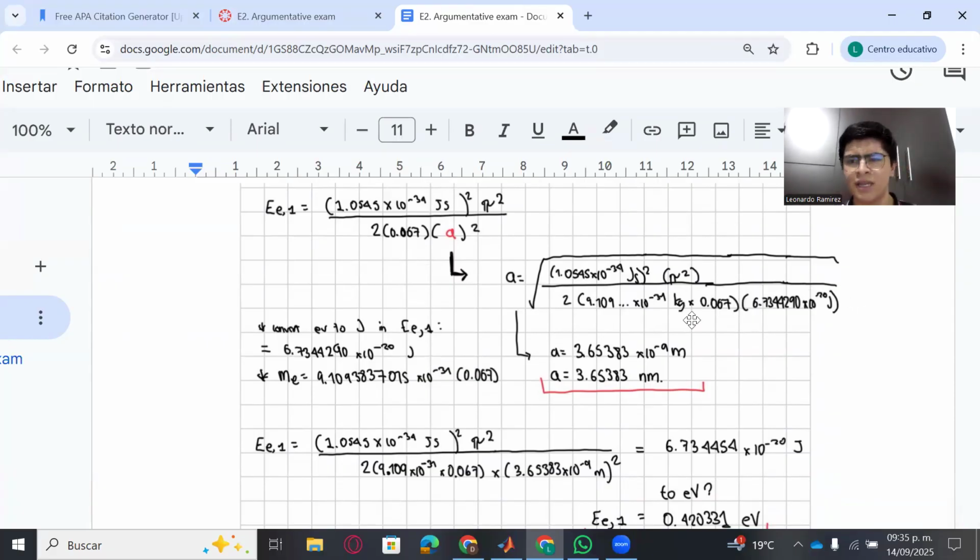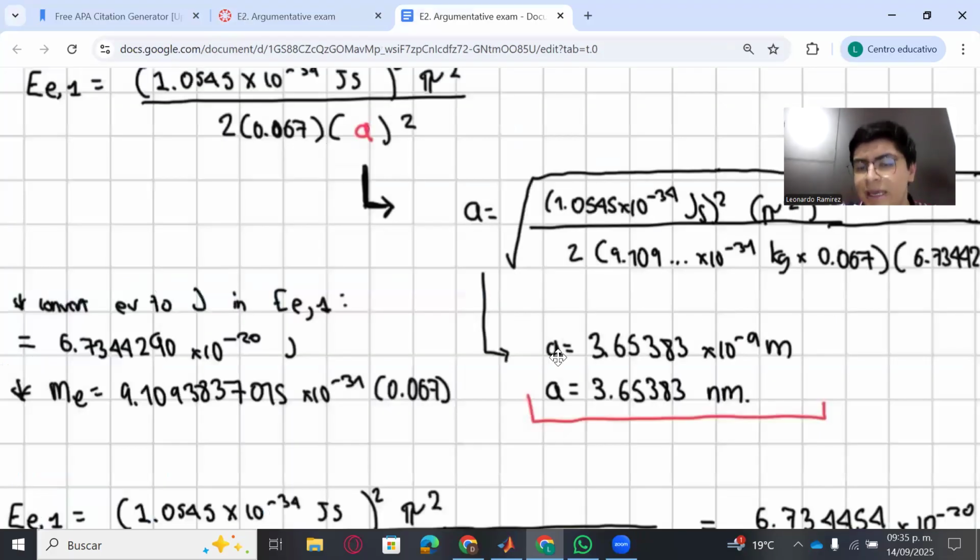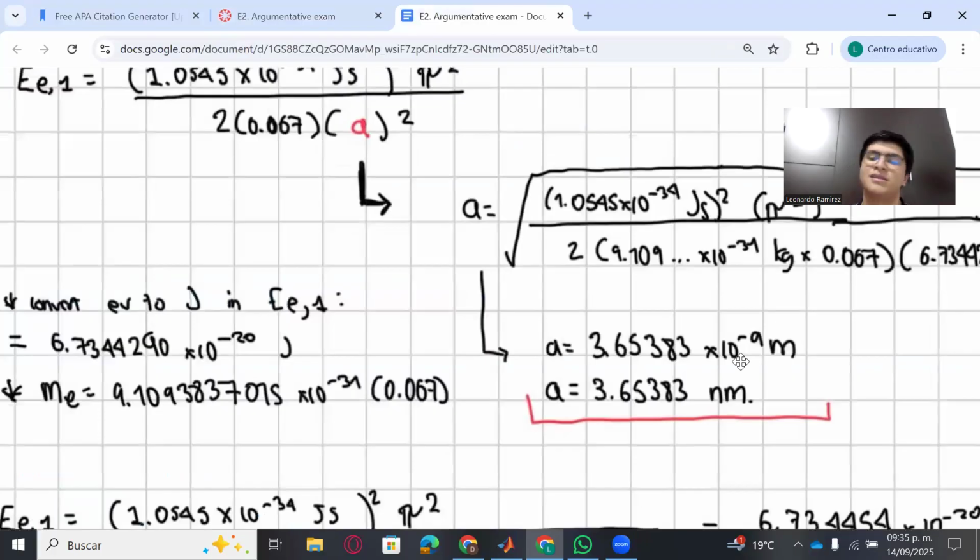After performing the calculation and substituting using our calculator, we end up with A in meters, but it's times 10 to the minus 9. So if we use our nearly forgotten knowledge of units, we can see that we are talking about nanometers, which, as seen in our lectures, is the normal thing to have in a quantum well width problem. So we're going down the right path.